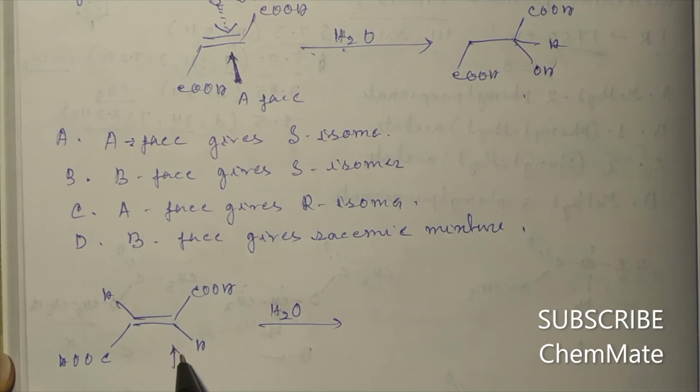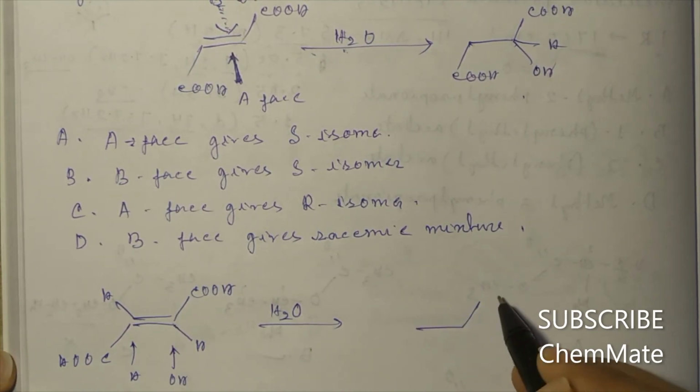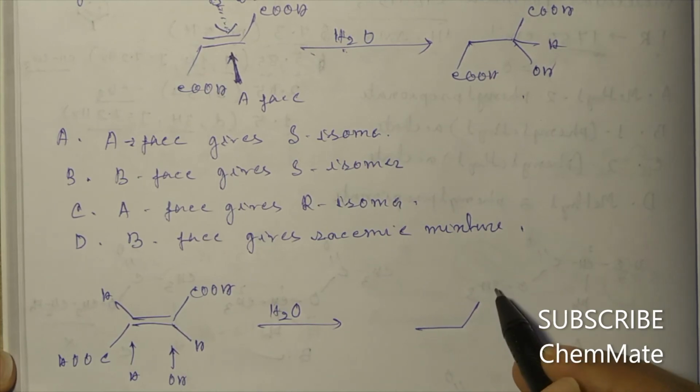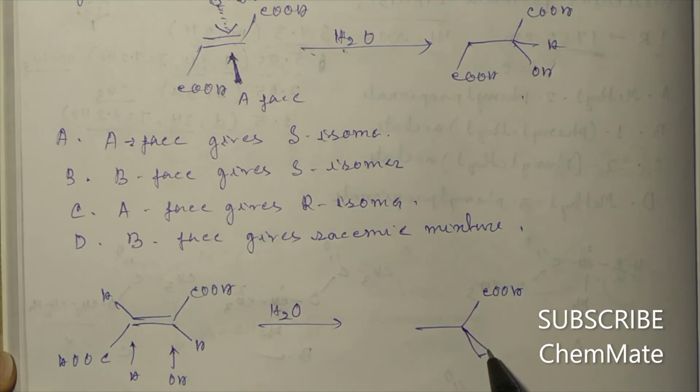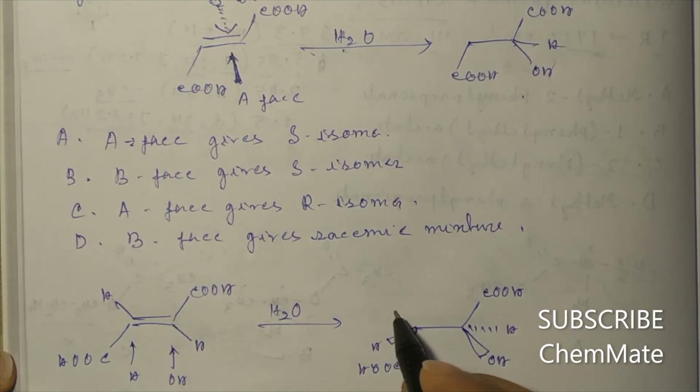Let's say here OH and here H will add from above the plane, then COOH is in plane and OH will come above the plane, and this hydrogen will go below the plane. Here it will be COOH, H. Now we have to determine the stereochemistry of this chiral center.